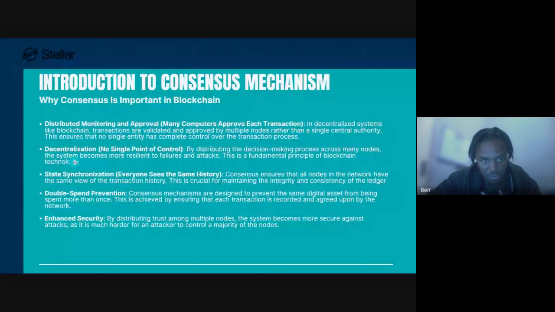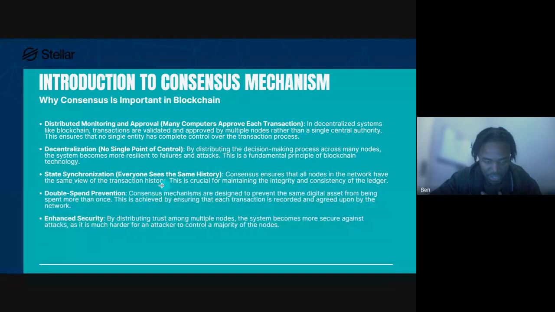The second reason why consensus is important is decentralization. There's no single point of control. By distributing the decision-making process across many nodes, or many computers, the system becomes more resilient to failure and attacks. This is the fundamental principle of blockchain technology.